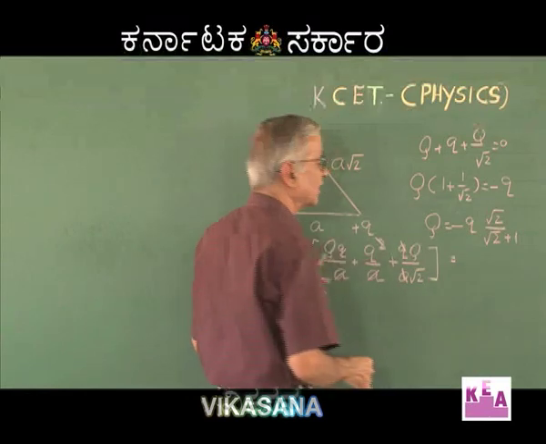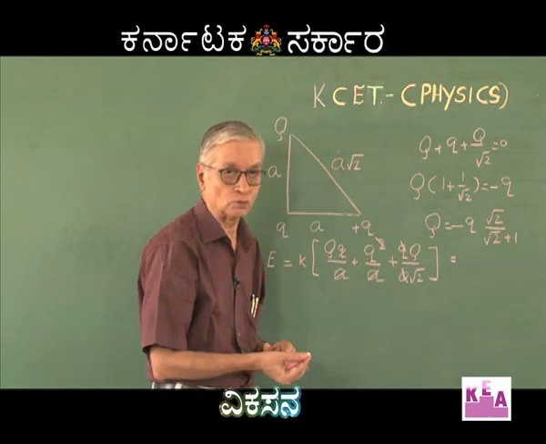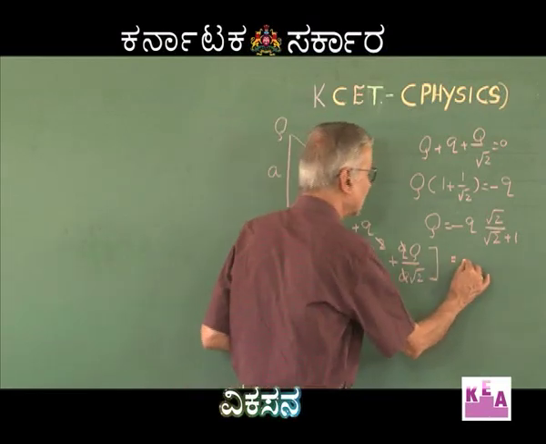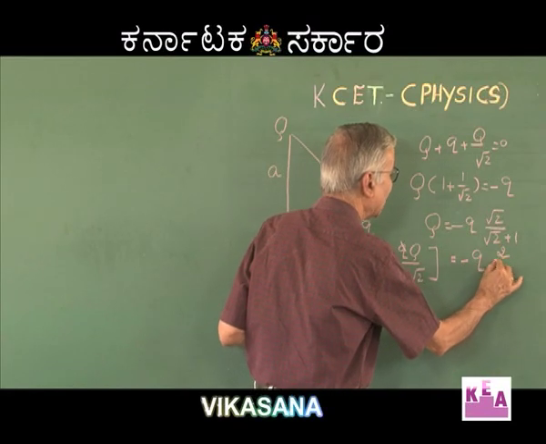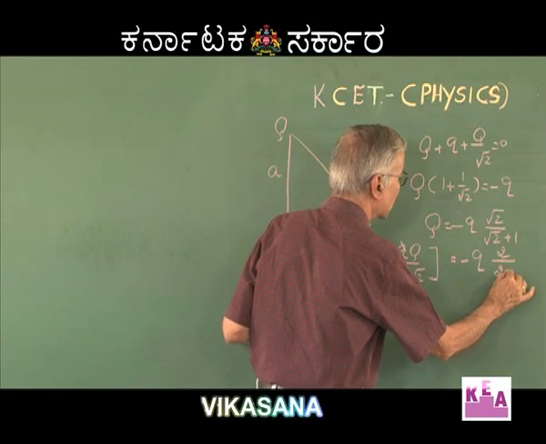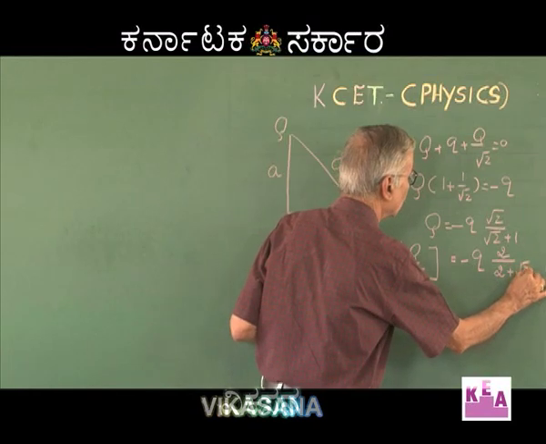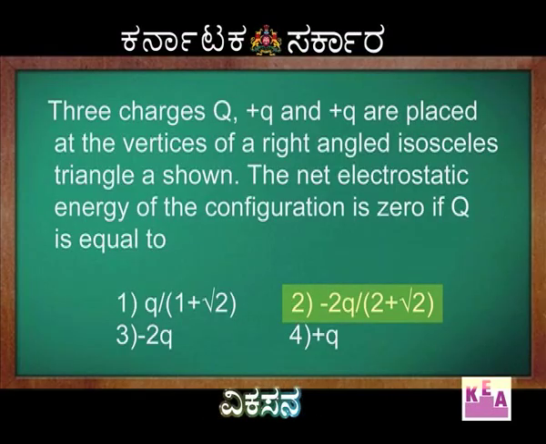Multiplying both the numerator and the denominator by root 2, one can see that the condition can be written as minus q divided by (2 plus root 2). Therefore, you can see that option number 2 is the correct answer.